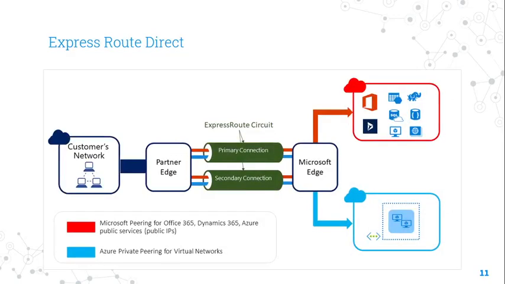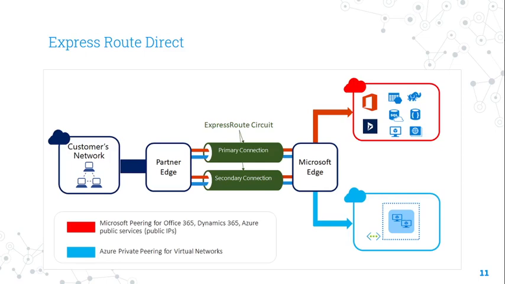ExpressRoute Direct. ExpressRoute Direct gives you the ability to connect directly into Microsoft's global network at peering locations strategically distributed across the world. ExpressRoute Direct provides dual 100 Gbps or 10 Gbps connectivity.